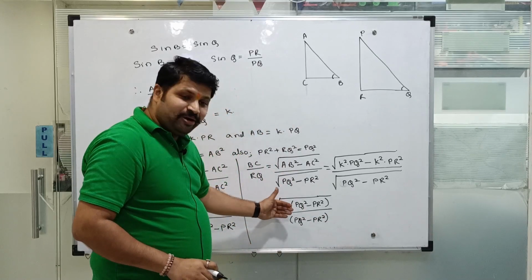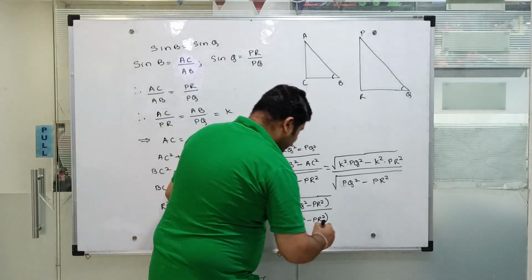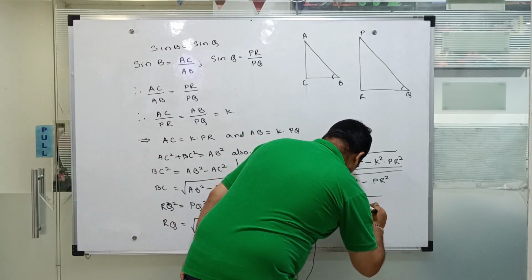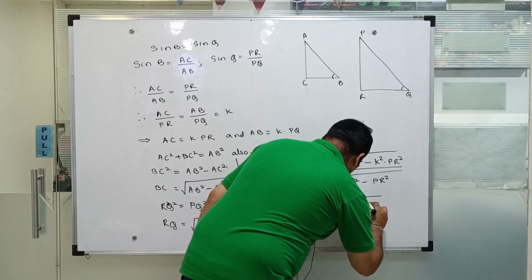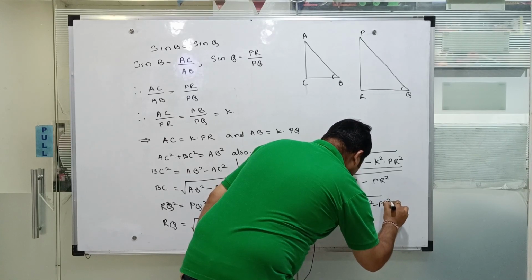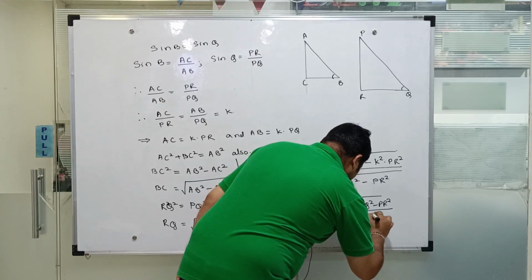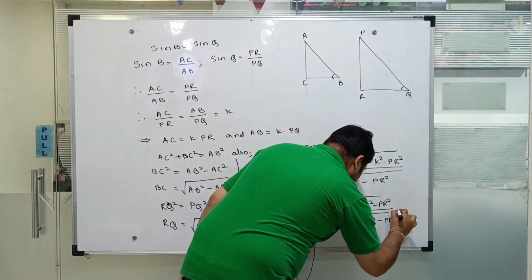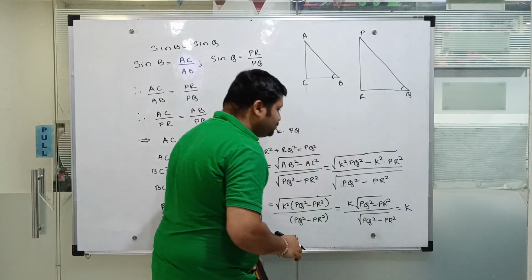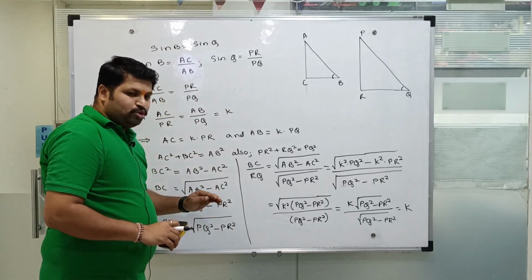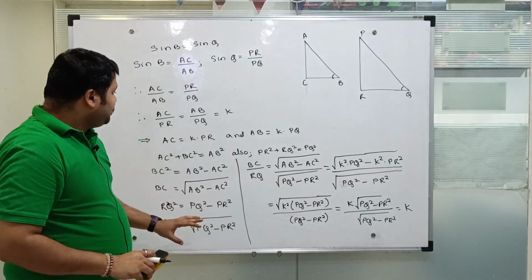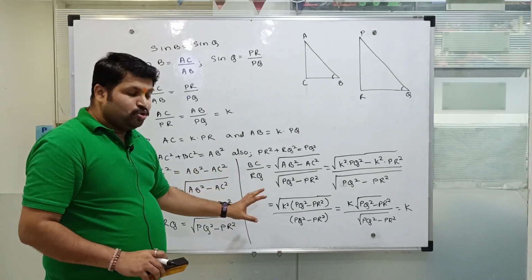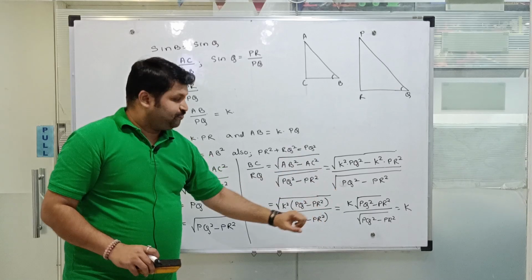Now this K can be taken outside the root and it would give me K times a root of PQ square minus PR square divided by root of PQ square minus PR square, giving me the final answer as K. So we have ended up proving that BC upon RQ is also equal to K.